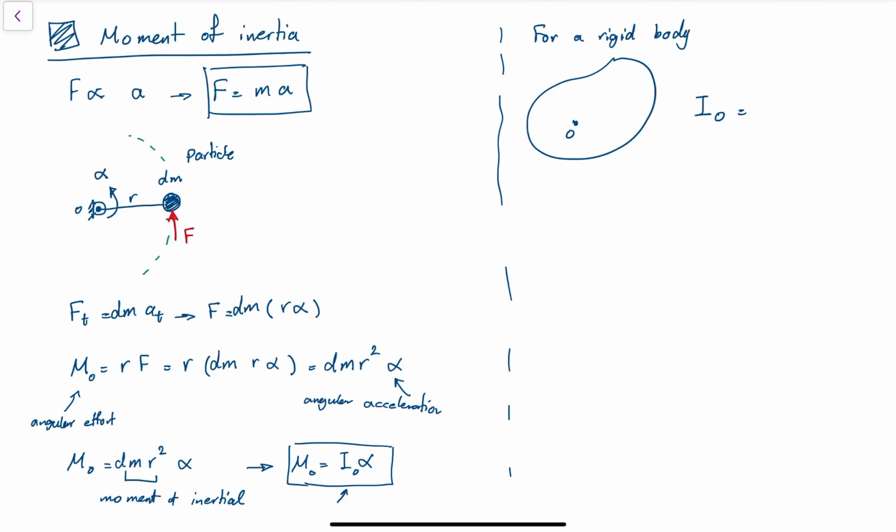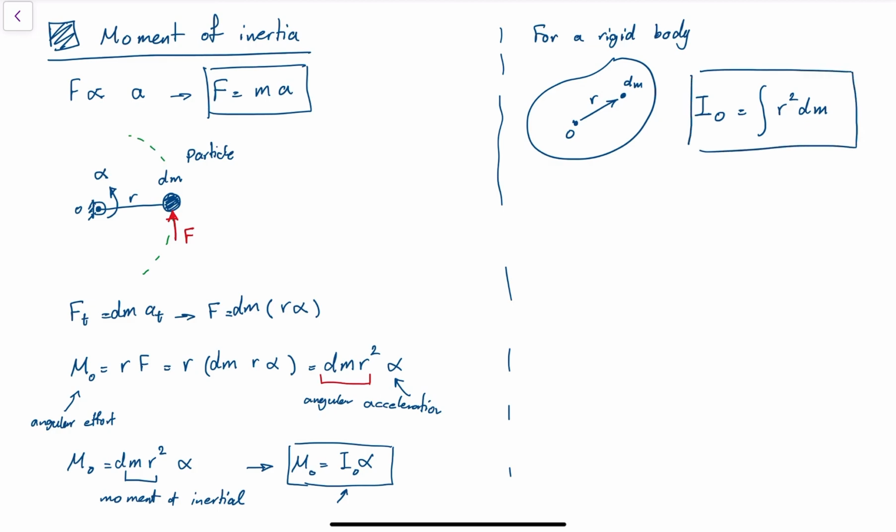These terms you can add all together, and it takes the form of an integral. It is the integral of r squared dm, where r is the distance from your reference point to that little particle in the body. That's how you calculate moment of inertia.